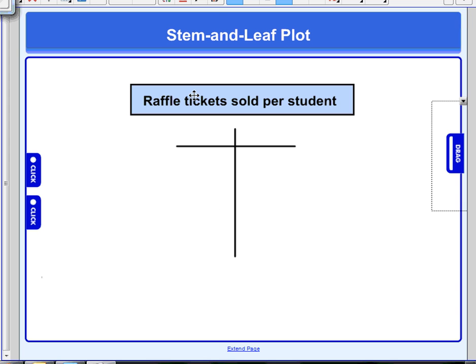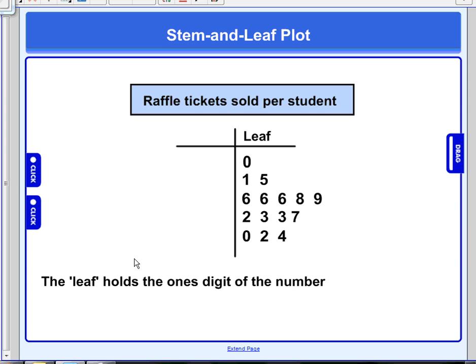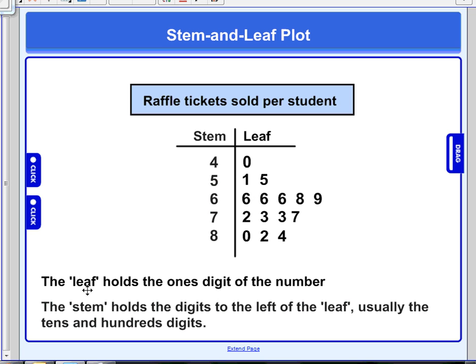So on every stem and leaf plot, there's a stem side and a leaf side. So we have raffle tickets sold per student. So we have a specific set of data. Now, the leaf holds the ones digit of the number, and the stem holds the digits to the left of the leaf, usually the tens and the hundreds.